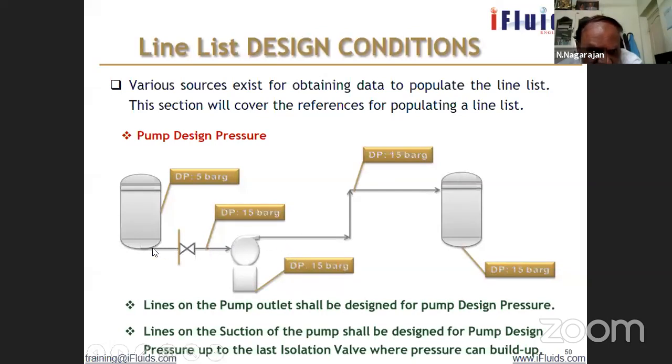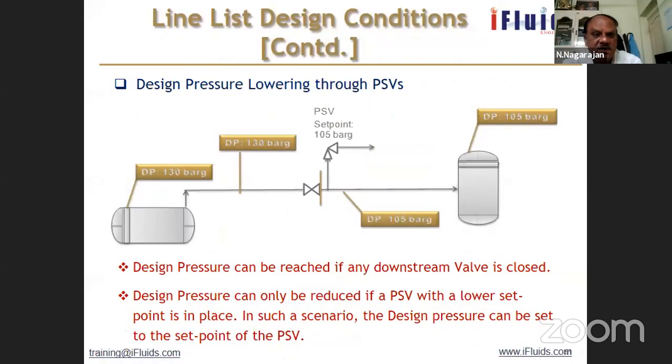Up to this point can be 5 bar. Since the pump discharge is 15 bar, the entire discharge line and part of the suction line up to the valve, and then to the next vessel, are all 15 bar gauge. So you can see how the operating conditions of the equipment determine the design pressure and design temperature.